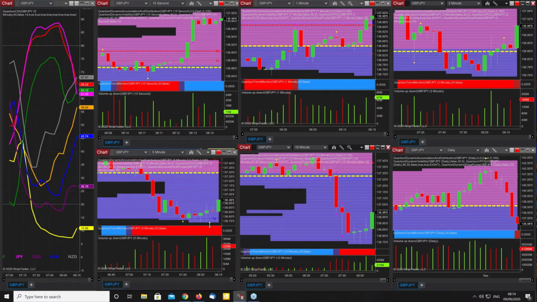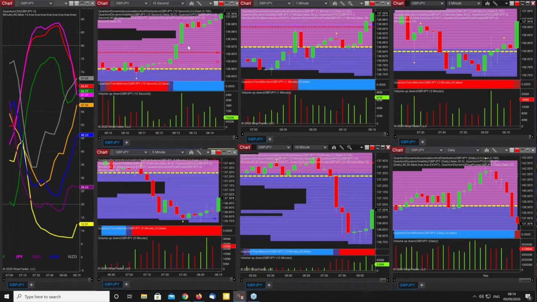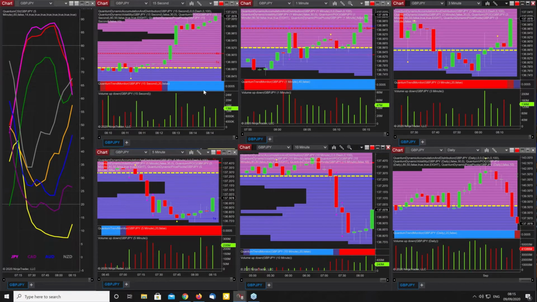That's the reason why throughout this initial phase of price action, this initial potential reversal, the strength of that trend was not particularly strong, purely because the move itself was only being driven on one side of the currency by the strength of selling in the Japanese yen. And that's the reason that this was kind of moving sideways. Yes, it had some minor bullish sentiment to it, but it wasn't particularly strong, and it's only starting to pick up strength. You can see it here now on the 15-second chart.